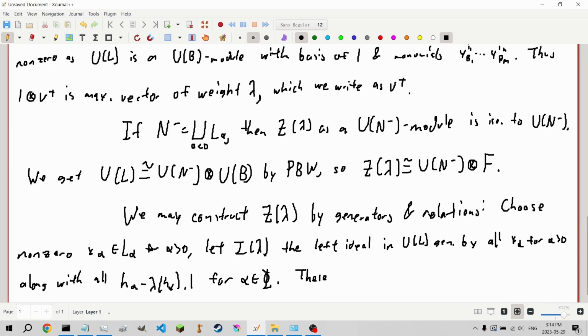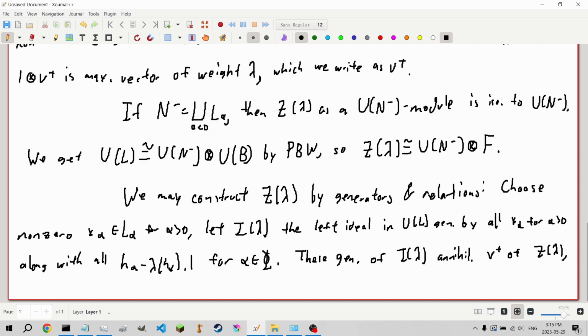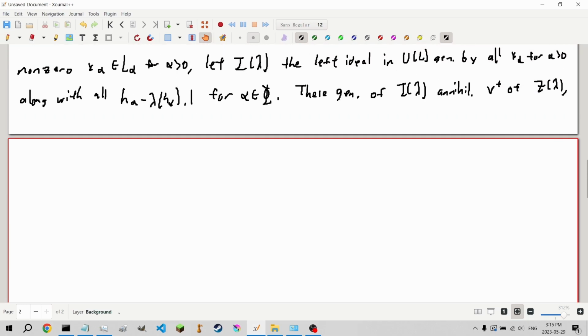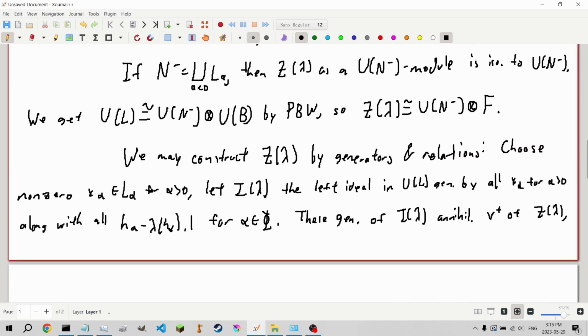These generators of I lambda annihilate the maximal vector v plus of Z lambda, so I lambda also does.